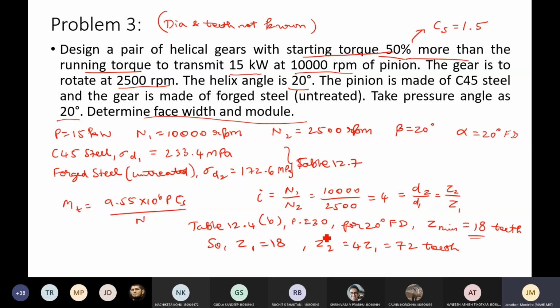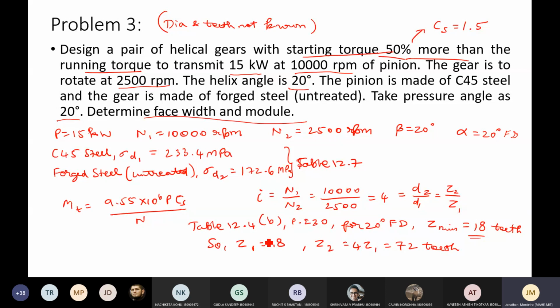If there are two unknowns like this, we cannot even start the problem, we cannot even move ahead to finding the weaker member. So what we do is we select something that adheres to the empirical values that have been given for us.